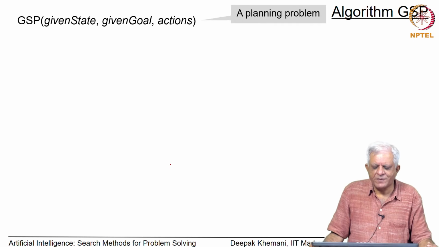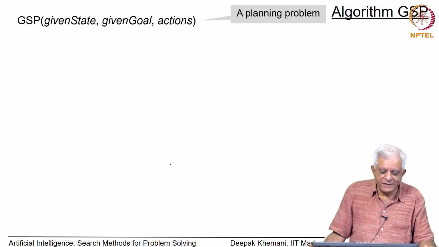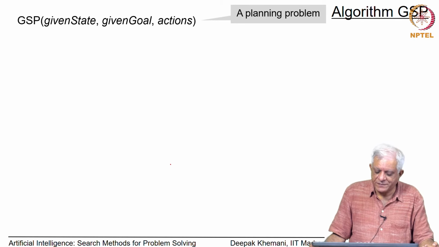In fact, a planning problem is defined by these 3 arguments: the set of actions or operators that are available to the planner, the initial state that the planner is in, and the given goal description that you want to achieve. So, these 3 things, the initial state, the goal description and the set of actions, define the planning problem, and the goal stack planning algorithm takes the planning problem as an input.